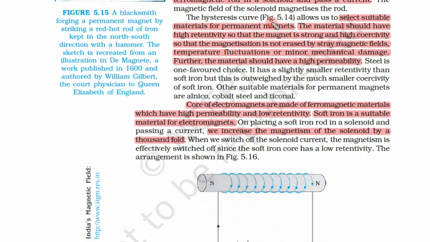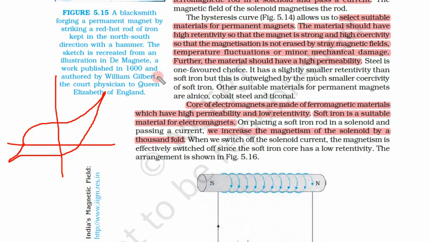The hysteresis curve allows us to select suitable materials. We have already seen this hysteresis curve, a curve like this we saw just a few minutes back, which is called the hysteresis curve.